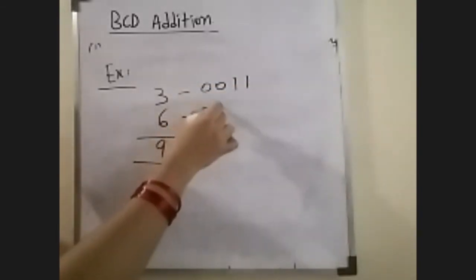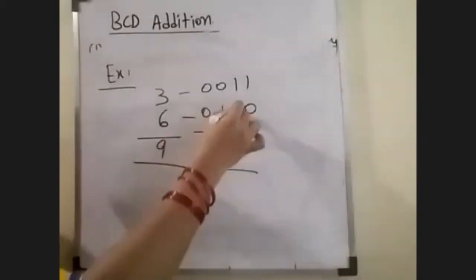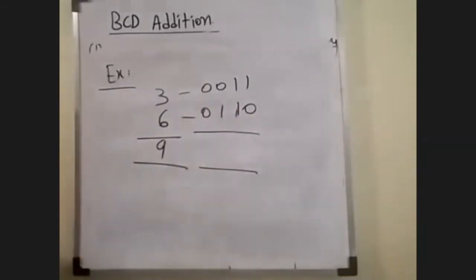What is the value of 3? 0011. The value of 6? 0110. So what is the first step according to BCD addition? Add the two BCD numbers using ordinary binary addition. You know how to perform binary addition.